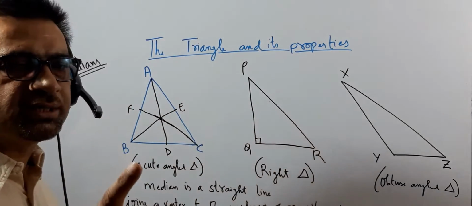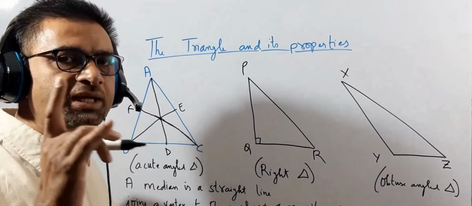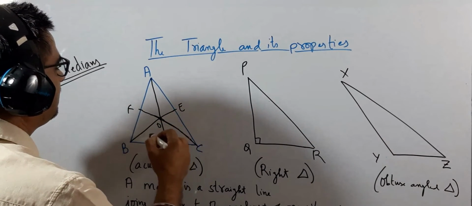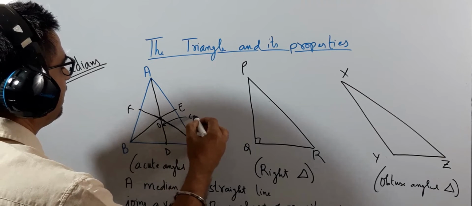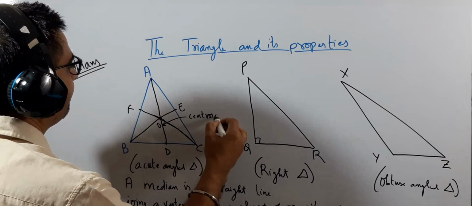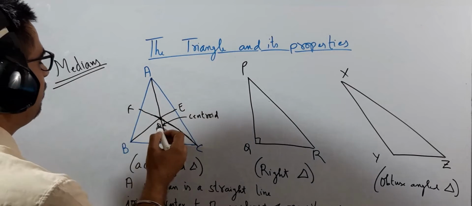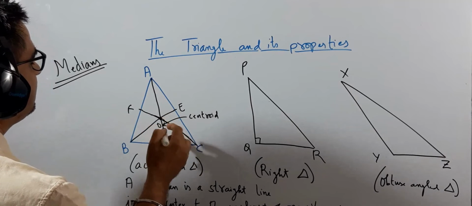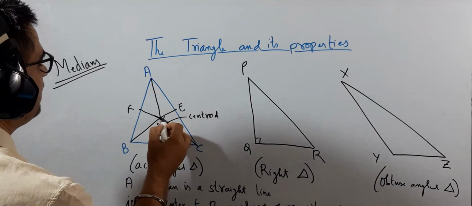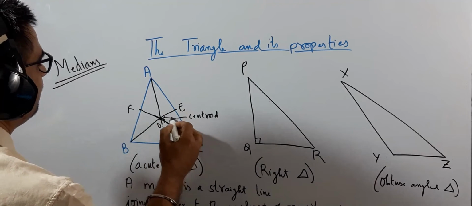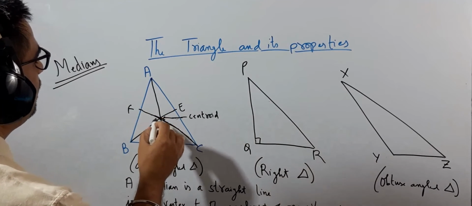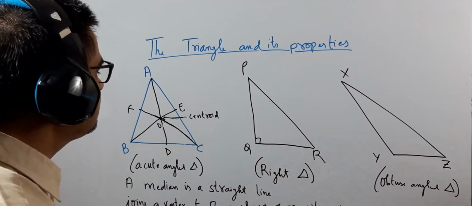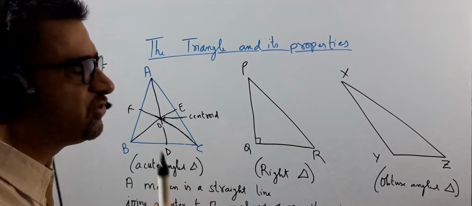Let's call this the point O. That's called the centroid of the triangle. So this point O, which is the point where the 3 medians intersect, is called the centroid of the triangle.